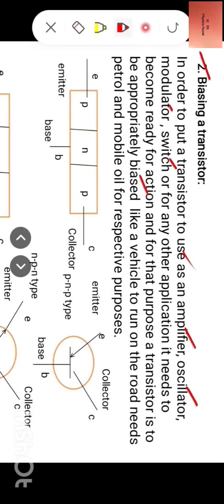Like a vehicle to run on the road needs petrol and mobile oil for respective purposes, in the same way, a transistor needs bias. Bias is nothing but application of an electric field.